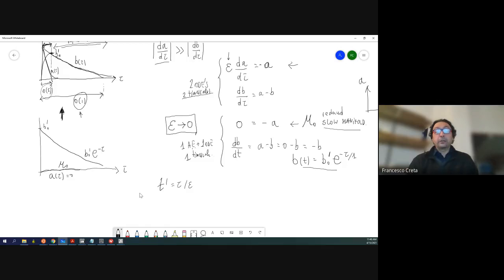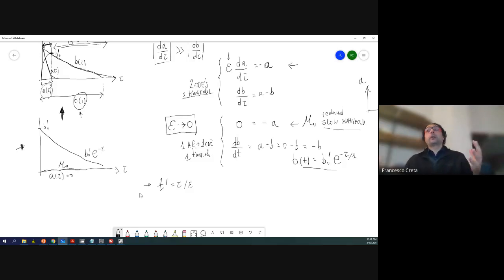Now, if you now take epsilon to 0, what you're actually doing is you're expanding time infinitely. So if in this case here we are shrinking to 0 the fast timescales, so we make the fast timescales instantaneous, with this position here we essentially freeze the slow timescales.